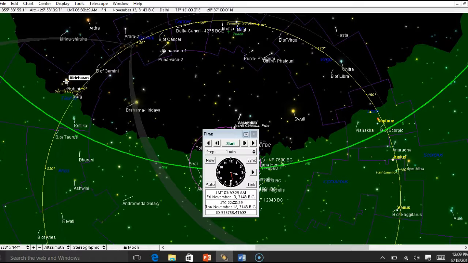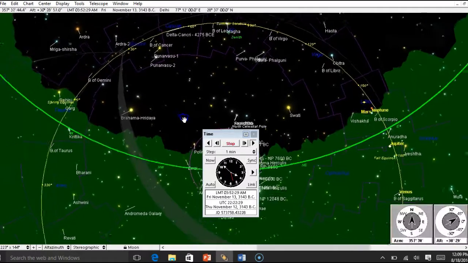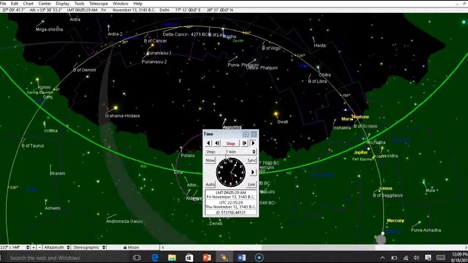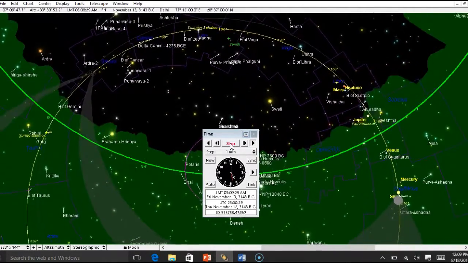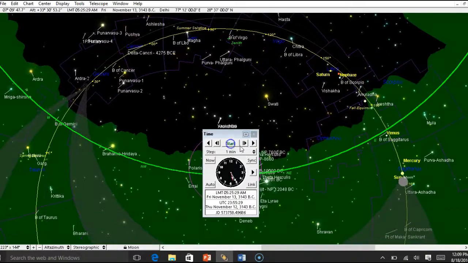Also note that planet Saturn is near Nakshatra Vishakha, and if I move this through time, now you will notice Jupiter also rises from the eastern horizon. The position of Jupiter is between Nakshatra Anuradha and Jyeshtha, and thus it can be considered close to Nakshatra Vishakha, and the same is the case with planet Saturn.